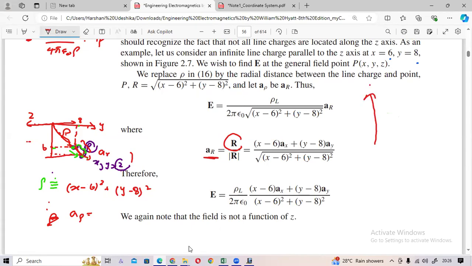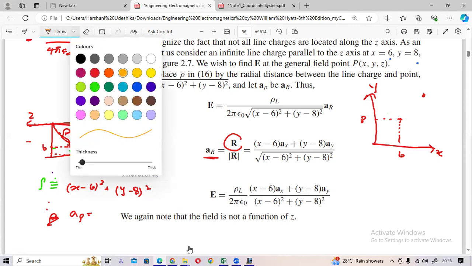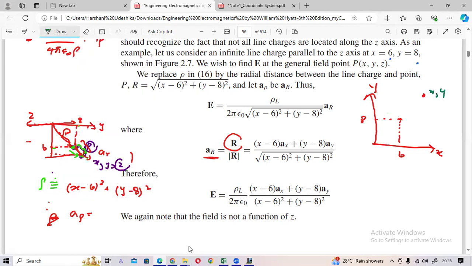So this is y, this is x. Now your point is here, 6 and 8. Now you are considering any arbitrary xy point. This is the x, y point.